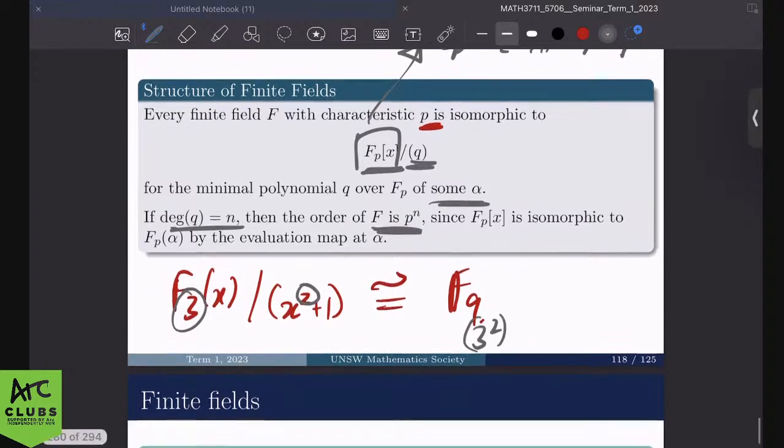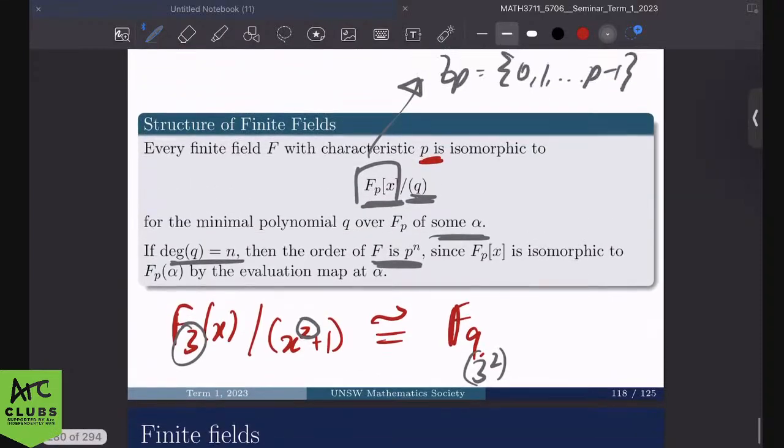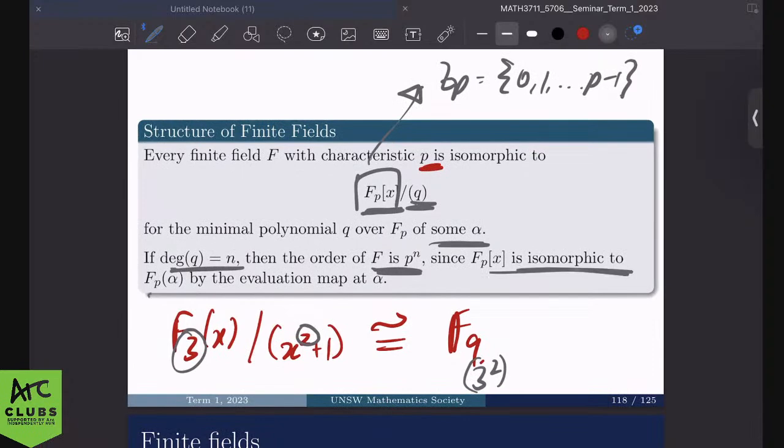Okay. There's an explanation here, but we won't talk about that because we don't have time. But basically, every finite field can be written in this form. You've got F_p[x] quotiented over a minimal polynomial.